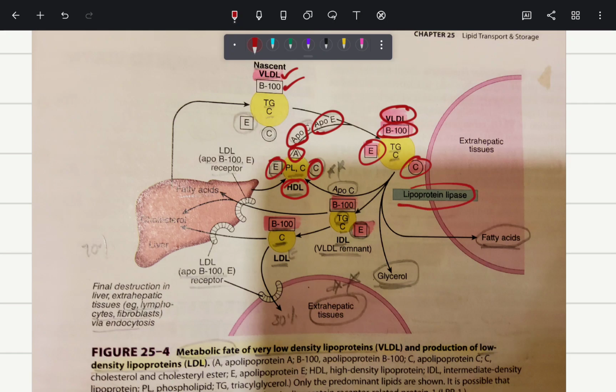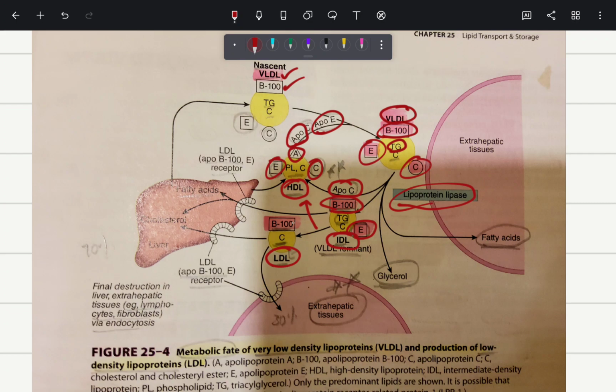The enzyme lipoprotein lipase will extract the triglycerols from the mature VLDL, and it will get converted into intermediate density lipoprotein. During this step, apoprotein C is extracted and deposited on the HDL. Now the intermediate density lipoprotein will have only ApoB100 and ApoE present on it. Once that step is done, the IDL will get converted into LDL, and during this step, the apoprotein E will go and get deposited to the HDL.